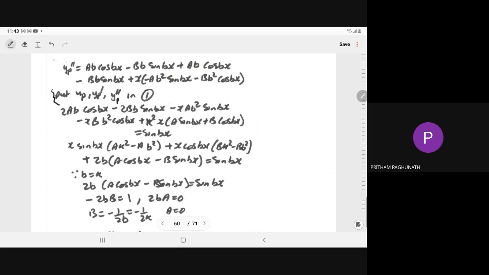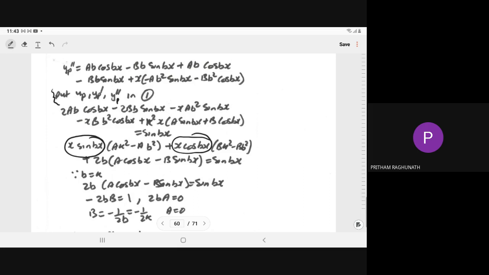So in the given complete equation, just collect the terms with coefficients of x sin bx and x cos bx. Here you will get a k square minus a b square, b k square minus b b square.